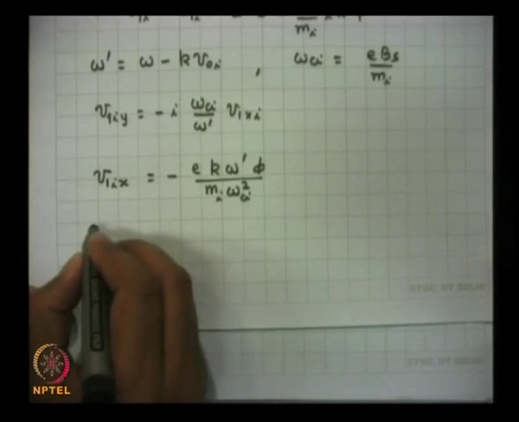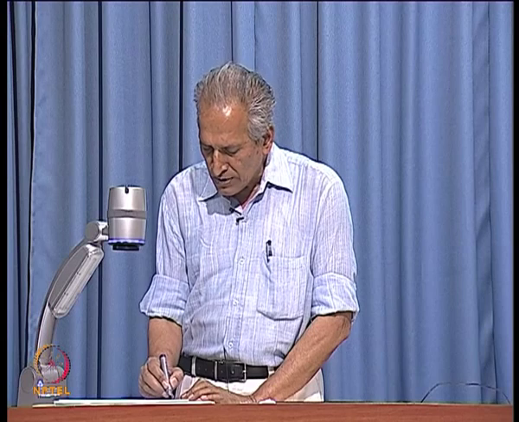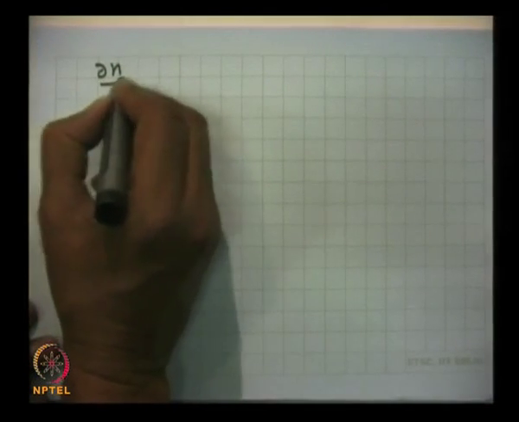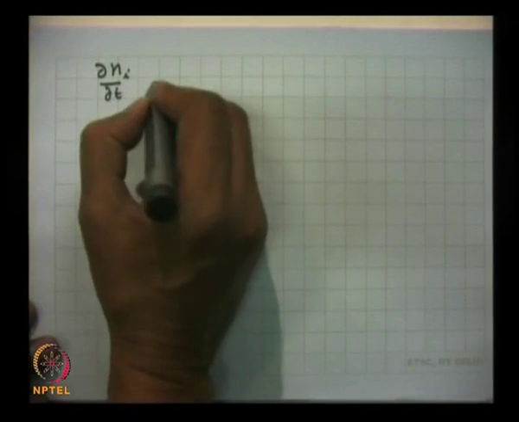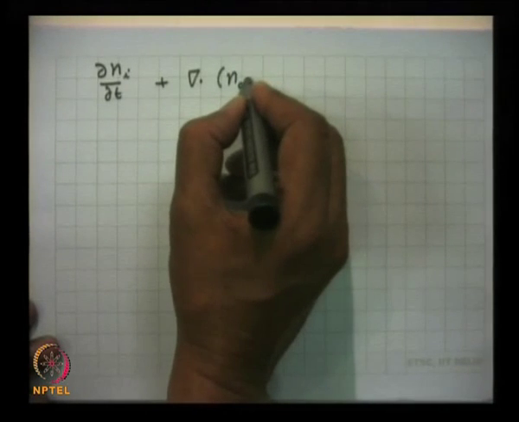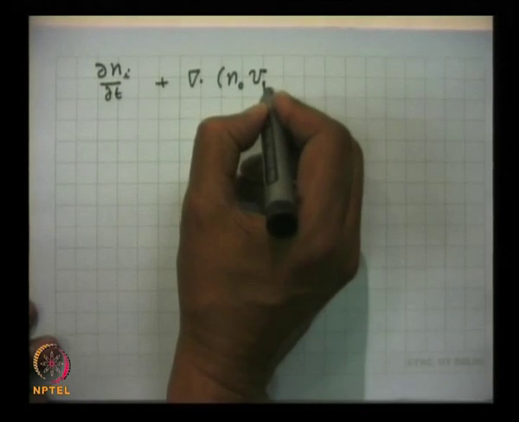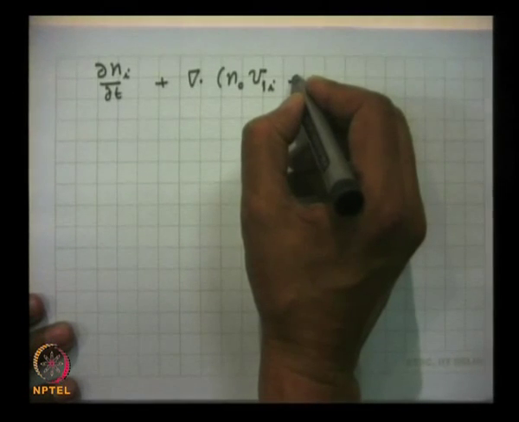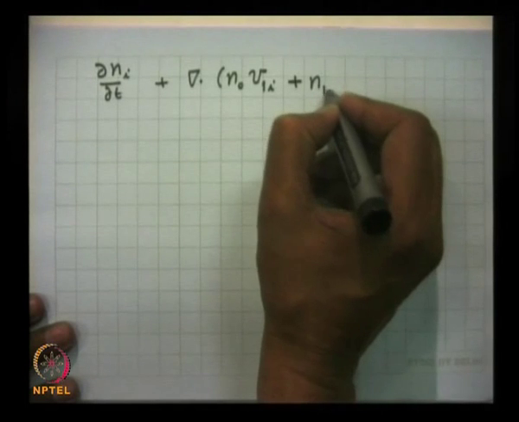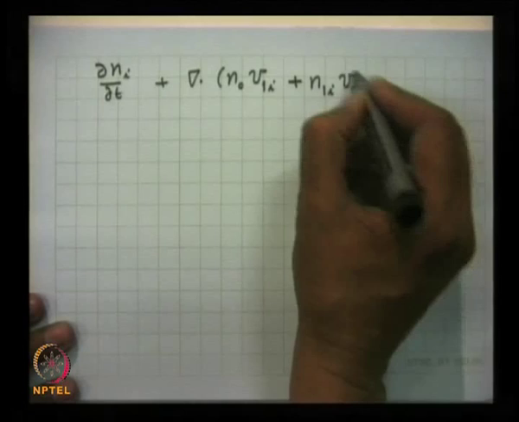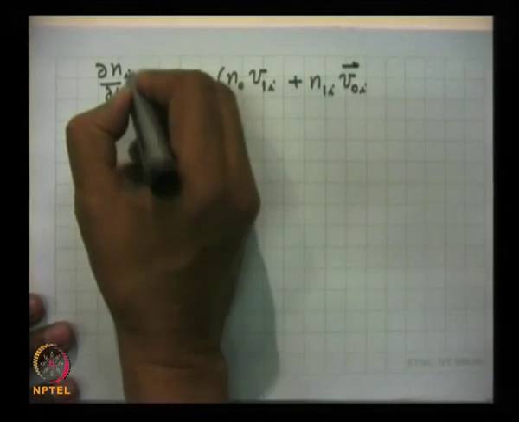Then I go to solve the equation of continuity. The equation of continuity also gets modified. For the ions, the equation of continuity is delta Ni by delta t plus divergence of N0 V1 of the ions, plus there should be a term here, plus N1 perturbation of ion density into V0. This is N1I.